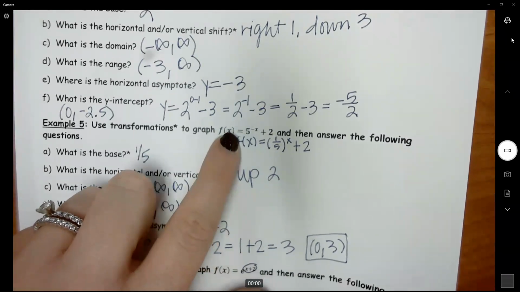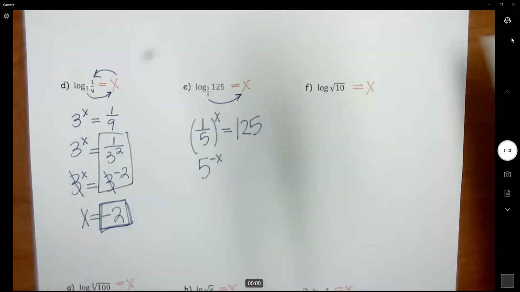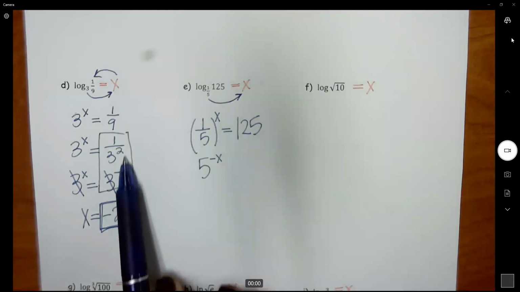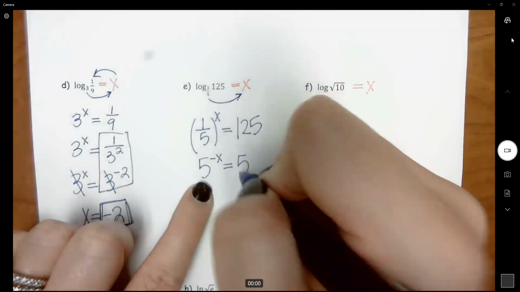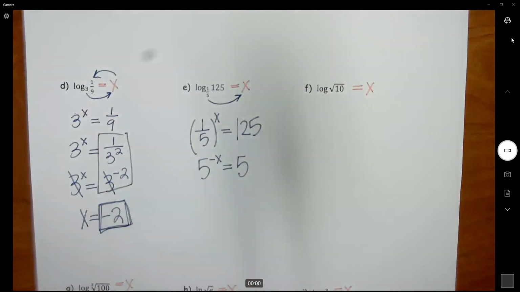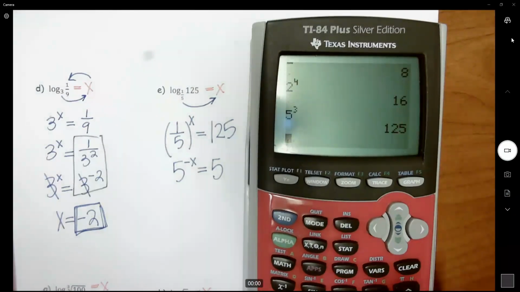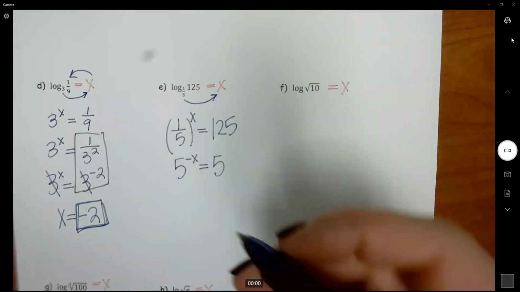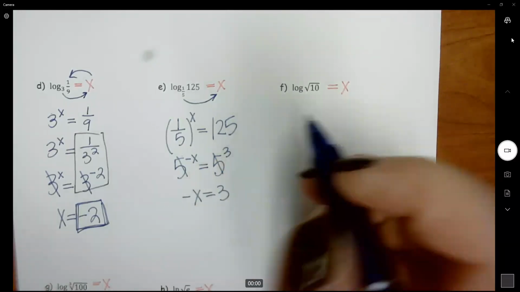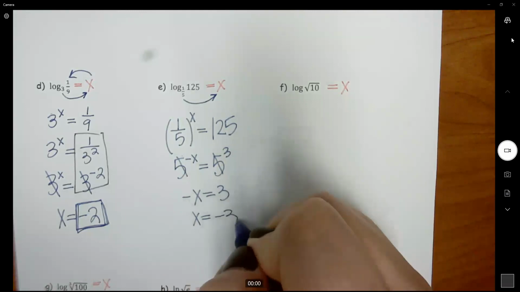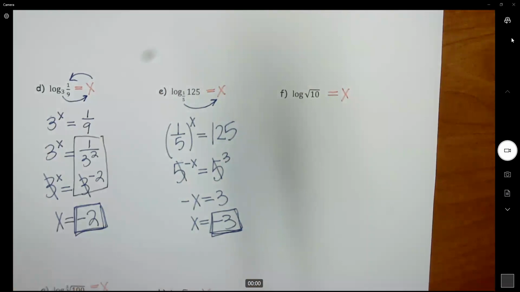Right here, when I had 5 to the negative x, I rewrote that as 1/5 to the x. That is a similar rule to this right here. So I know my base needs to be 5, and so 5 to what power gives me 125? Well, I know 5 squared is 25, so if I go 5 cubed, that is 125. So cancel those, we get negative x equals 3, and therefore x equals negative 3. If you were to put this in your calculator, you would get negative 3.